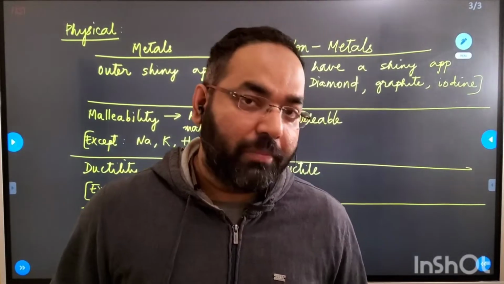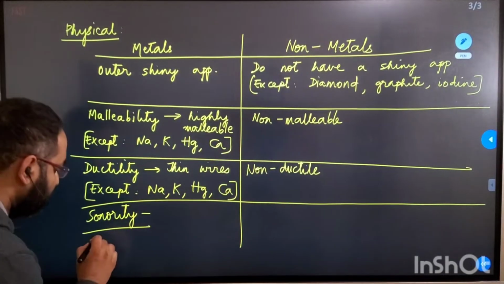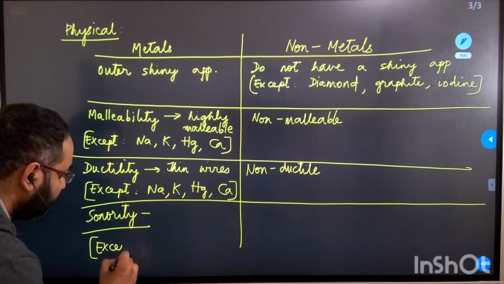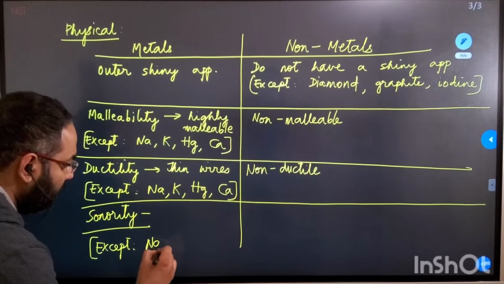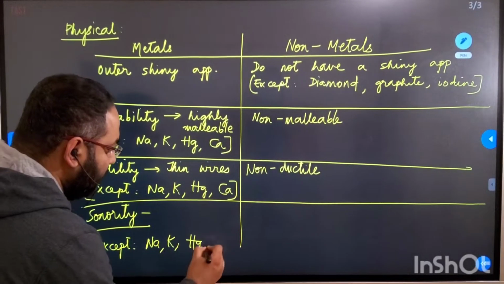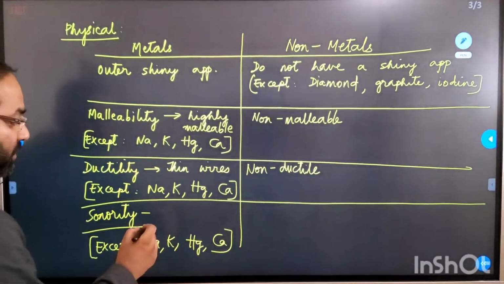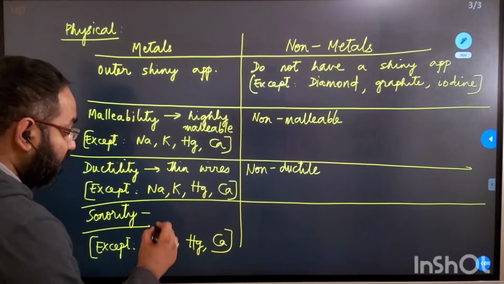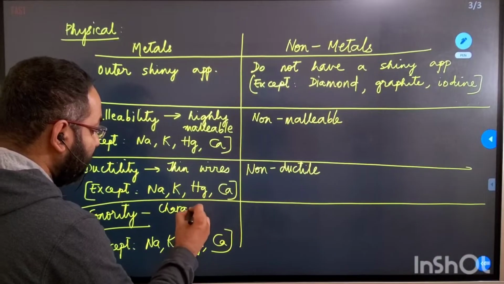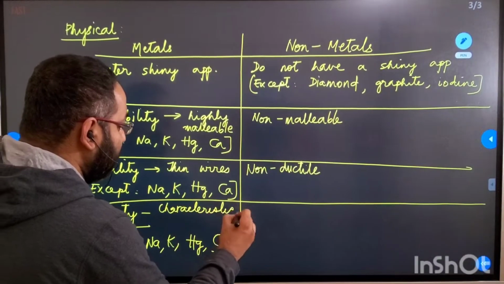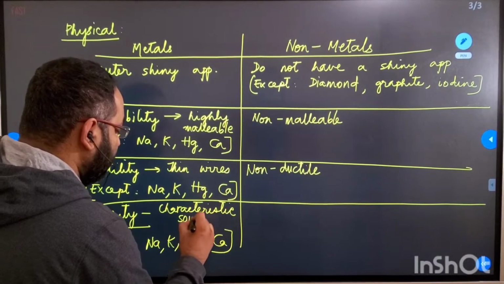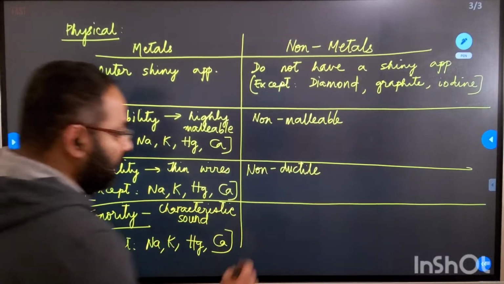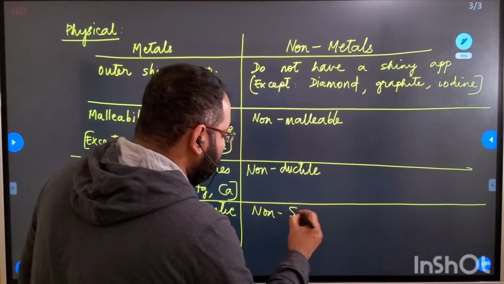Soft metals cannot be sonorous, so the exceptions will still be the same for you. Sodium, potassium, mercury, calcium, all of these are non-sonorous. The keyword that you need to write is the characteristic sound. Whereas non-metals are definitely non-sonorous.